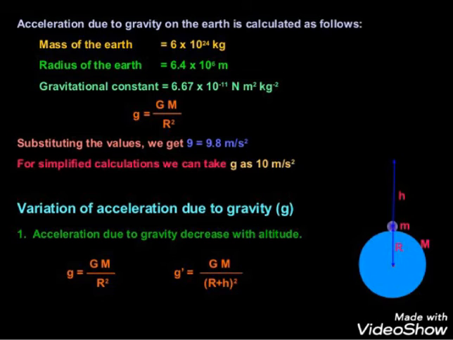Now this g, the acceleration due to gravity, varies. First, it varies with altitude. Altitude means height. It always decreases with height, but the decrease is very small. Like, the usual value is taken as 9.8, so at a very high altitude the value will be 9.76.